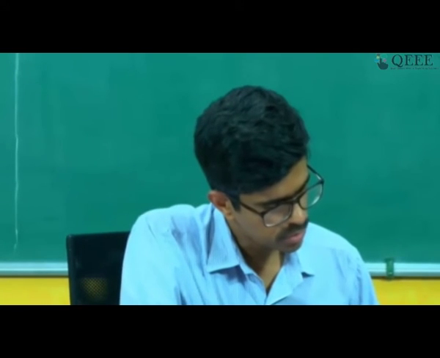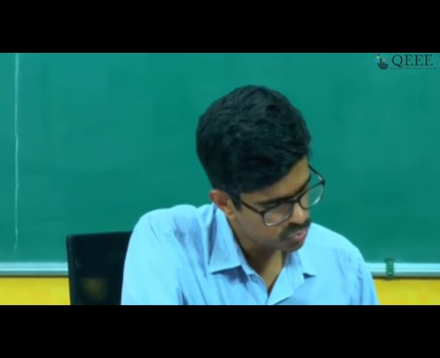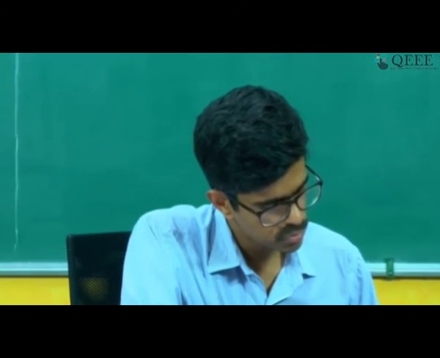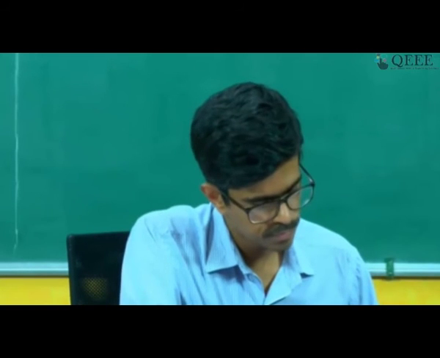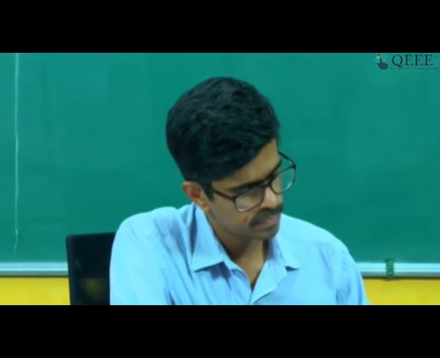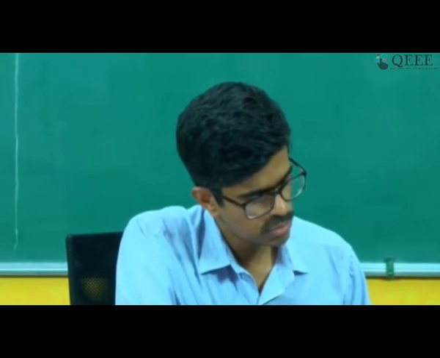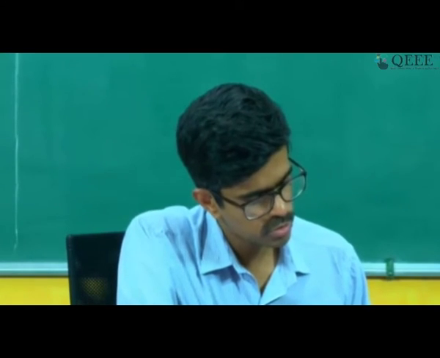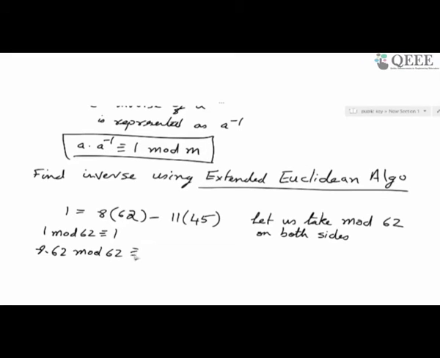So you get 1 mod 62 is congruent to 1, and 8 into 62 mod 62 is congruent to 0 because of the 62 term here, and minus 11 into 45 mod 62.